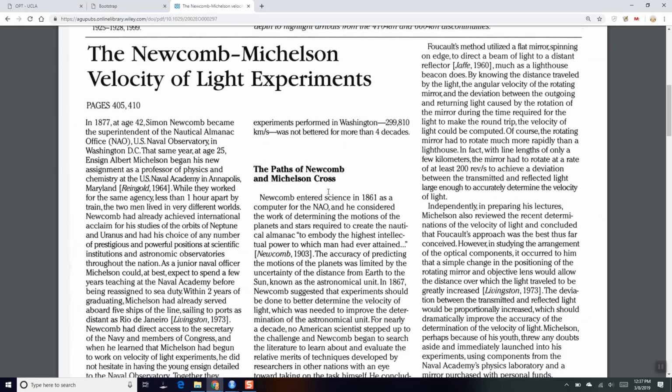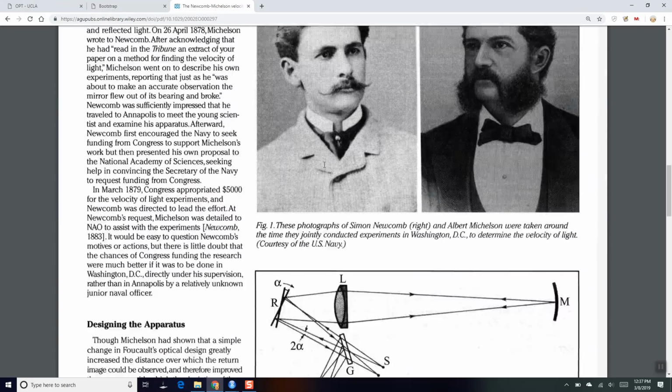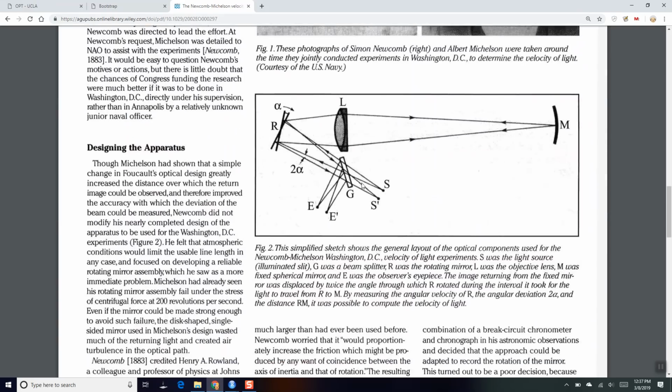So the way they did this was, I don't know if you can see here, but they had this mirror that was spinning. Okay, the mirror spins like 200 revolutions per second. He shines a light. They don't even have lasers back then, so he just shines a light.